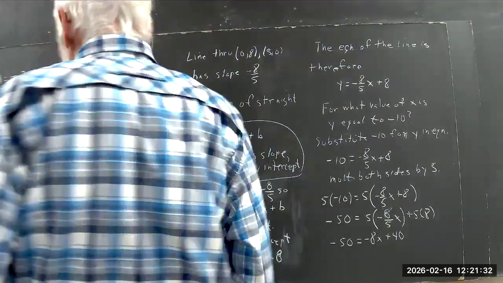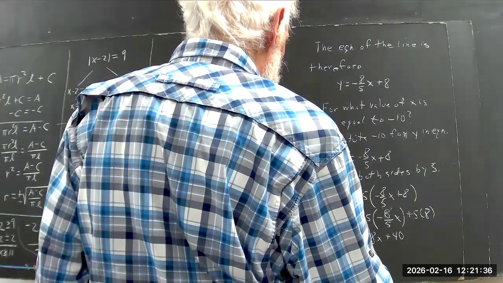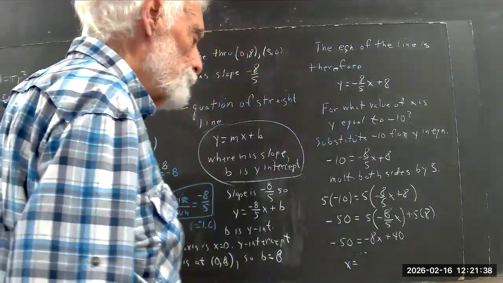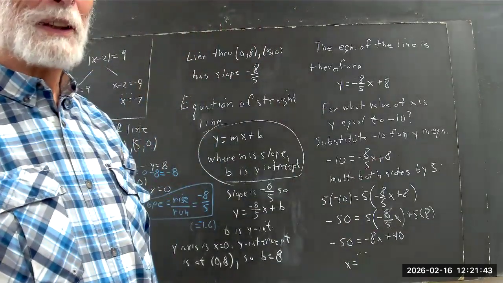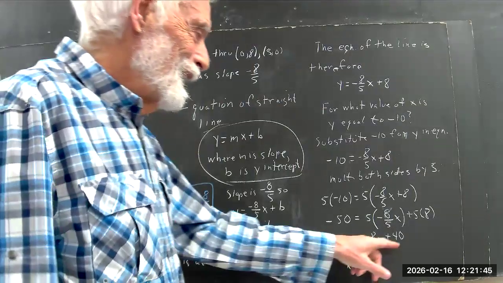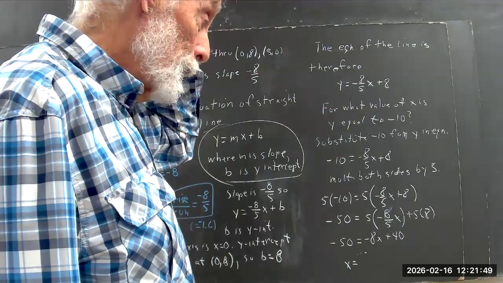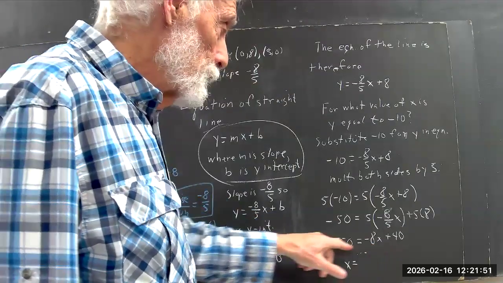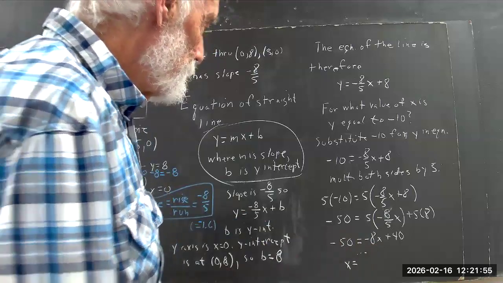So we're short on time, we're kind of out of time. But if I solve this, oh Lord, I didn't know this was going to happen. I add negative 40 to both sides. Never mind, it didn't happen. I add negative 40 to both sides. I get negative 8x equals negative 90.